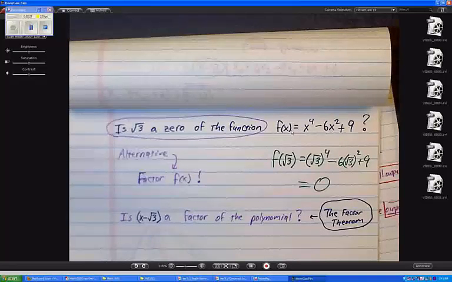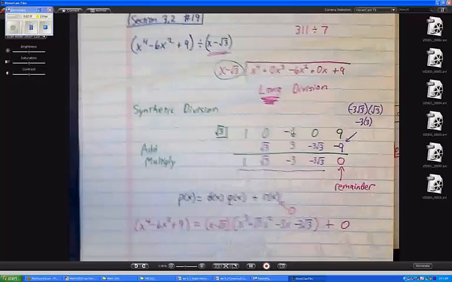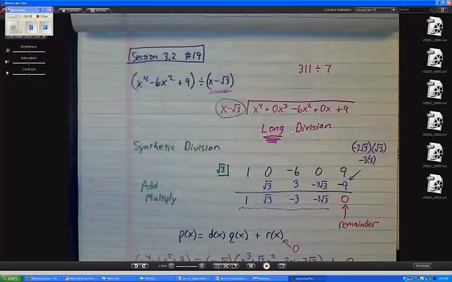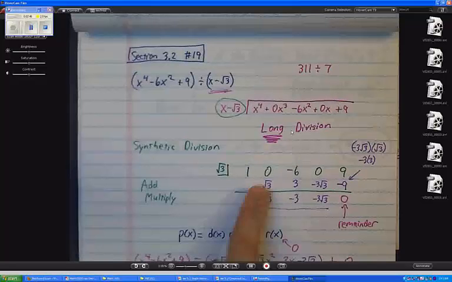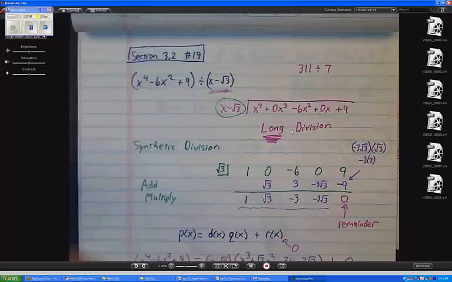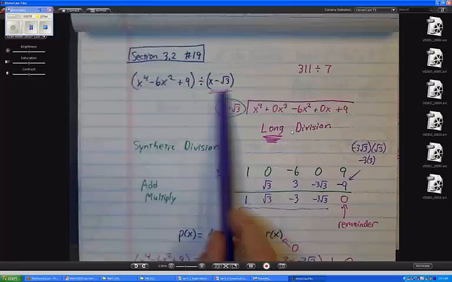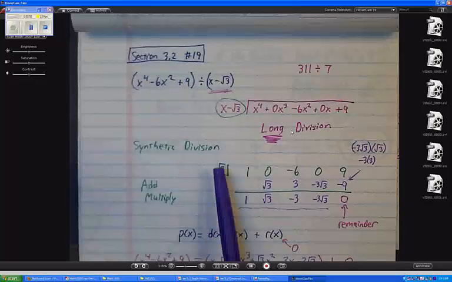Does that make sense to people? Now, how do I check if x minus square root of 3 is a factor? Well, I'll show you. We did it yesterday. How did we do it yesterday? We decided long division was a pain. Let's do synthetic division. And so if I want to check if x minus square root of 3 is a factor, I put square root of 3 right here.